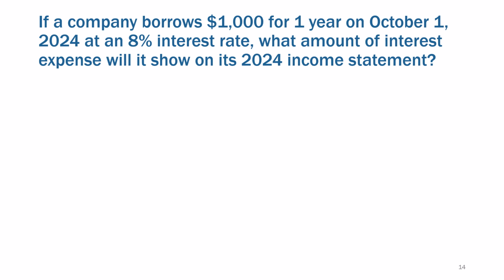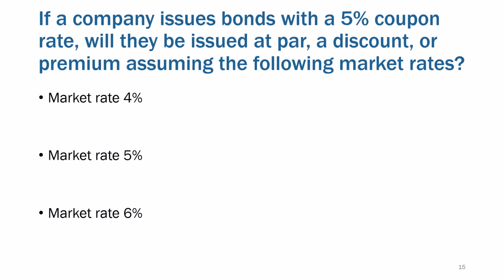So on its 2024 income statement, we want to take that $1,000 and multiply it by the 8% annual interest rate, and it was outstanding for 3 months during the 12-month period. And when I say the 12-month period, that's the 2024 calendar year and not the length of the loan. That's just coincidental, and that'll give us $20 then of interest expense. So we would debit interest expense, credit interest payable, each for the $20.